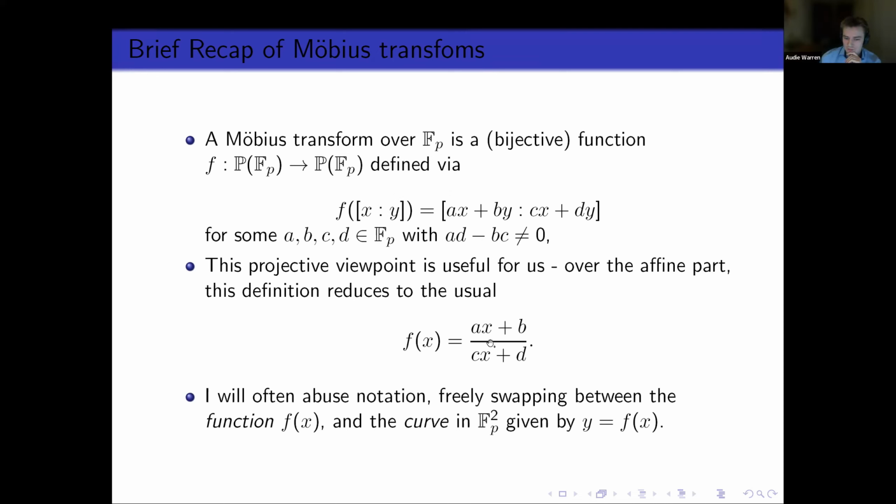They have one vertical asymptote, one horizontal asymptote, which we'll see later on. But they don't always look like hyperbolas. If you were to set C to be 0, then suddenly they're lines, which is another important thing that we'll use later. So you should think of these either as lines or as things which look like hyperbolas. Thank you. No problem.